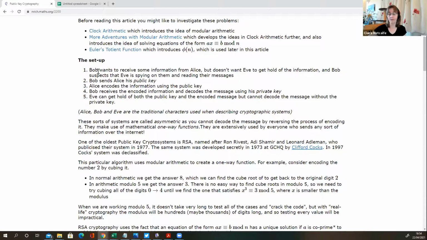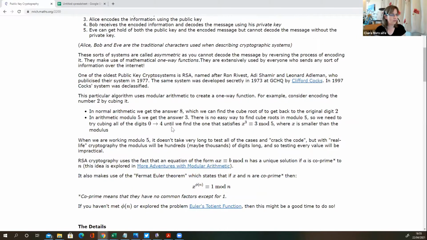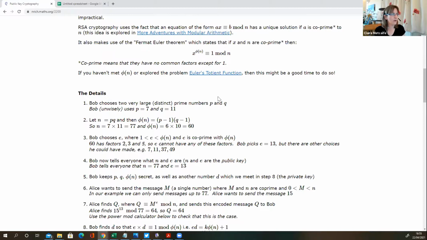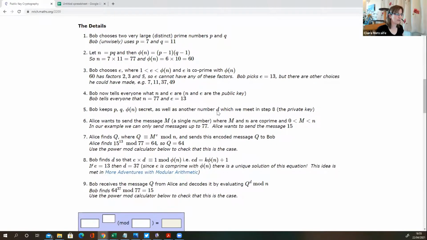Eve will also see the encrypted data, but you can't use the same key to decrypt it. It's what's called an asymmetric system. Bob can decrypt it using a decryption key, which is something slightly different. And this is how you transfer information on the internet safely. You use one of these asymmetric algorithms. So there's a bit of the history. Here's the totient function cropping up, and then there's some examples.